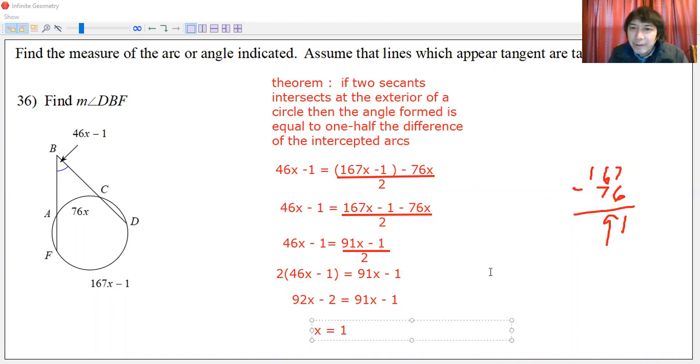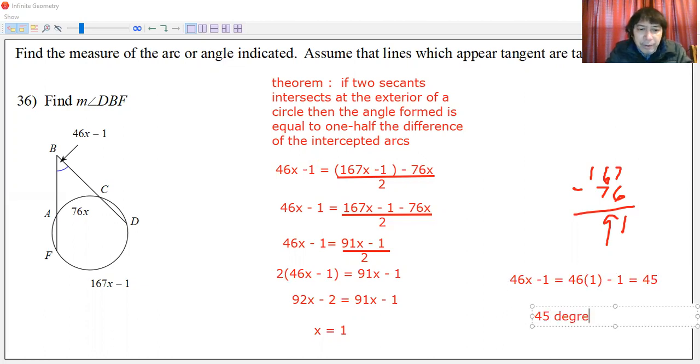So the angle is 46x minus 1, and that is equal to 46 times 1 minus 1. That's 45 degrees. There. All right, that's our answer. Our final answer is 45 degrees.